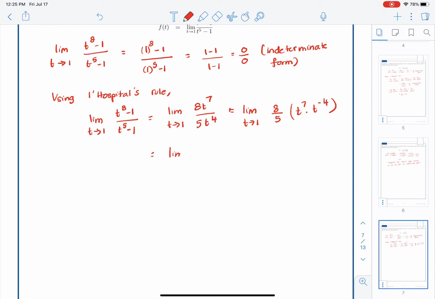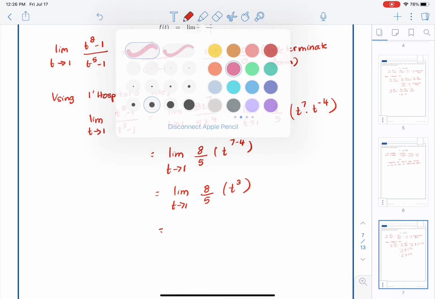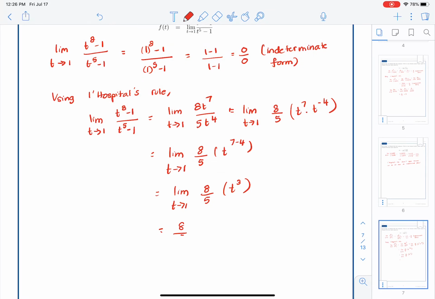The t bases are identical, so add the powers. That would be 8 over 5 times t raised to 3. Apply the limit. We have 8 over 5 times 1 cubed, which gives us 8 over 5.